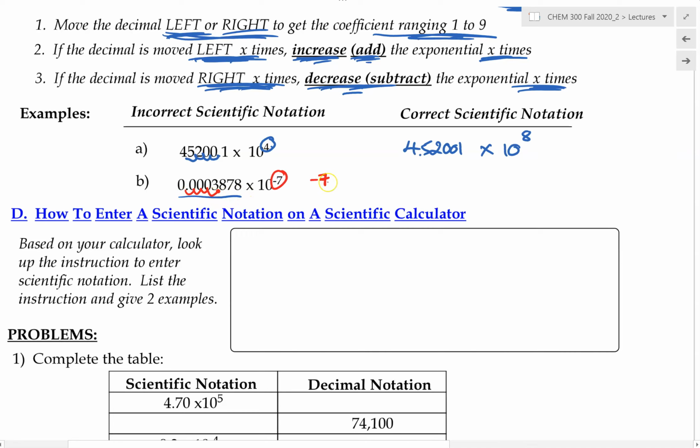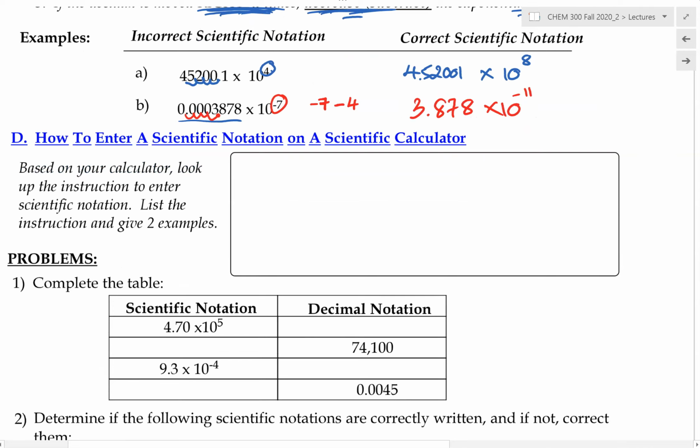So we have to take the existing exponent and subtract how many times we moved the decimal point. In this case, we have to subtract 4 from it. And negative 7 minus 4 would then equal negative 11. So therefore, the answer would be 3.878 times 10 to the negative 11. And there you go.